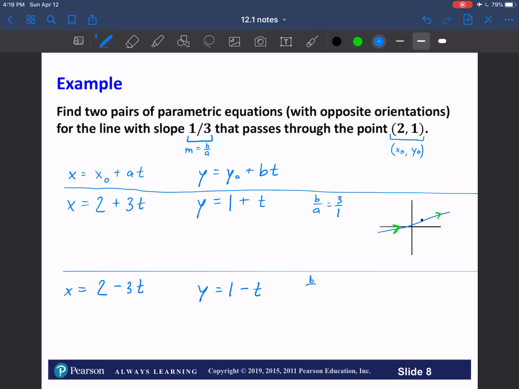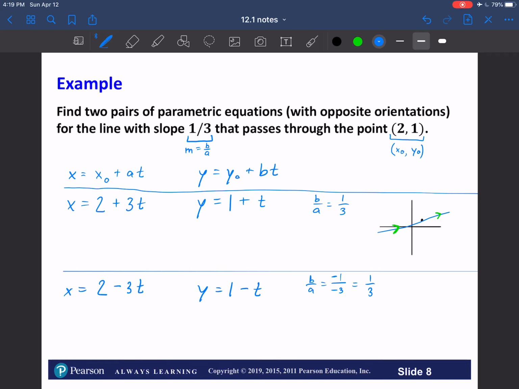Then our slope, b over a, is equal to negative 3 over negative 1. I made a mistake earlier. This should be 1/3, and then this should be -1 over -3. Yeah, better. Which, of course, is just 1/3 as we desired.